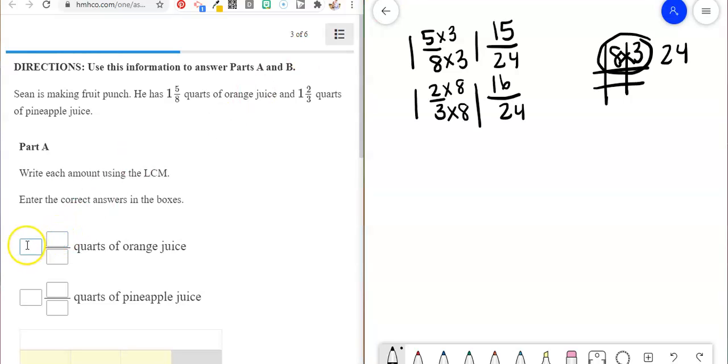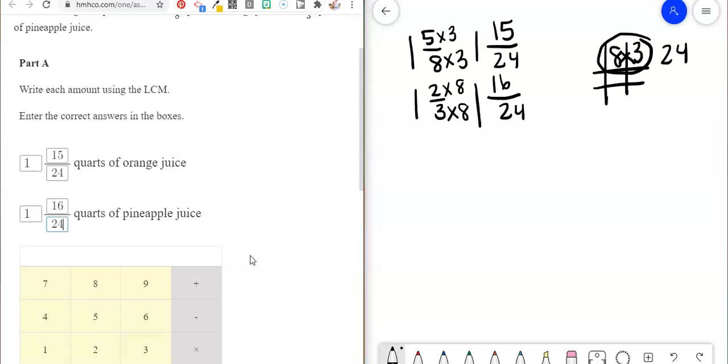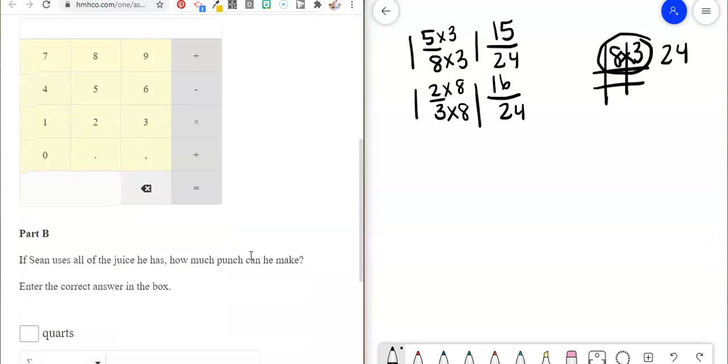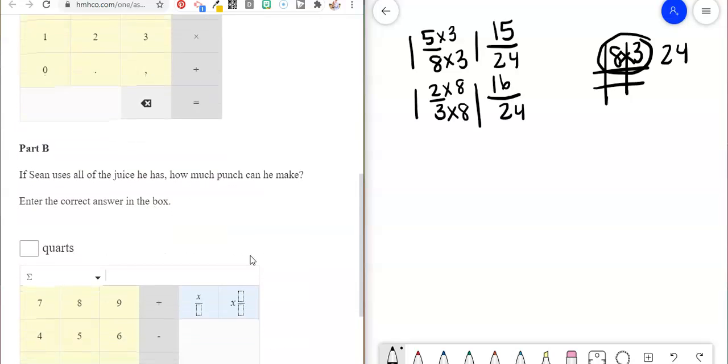So if we come over here, our orange juice was the one that was 1 5/8, so we change that to 1 and 15 over 24. On this one, we get 1 and 16 over 24. If Sean uses all the juice he has, how much can he make? So I'm going to be adding these together. So 1 and 15 over 24 plus 1 and 16 over 24.